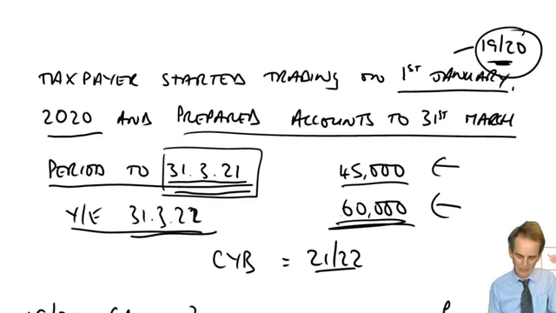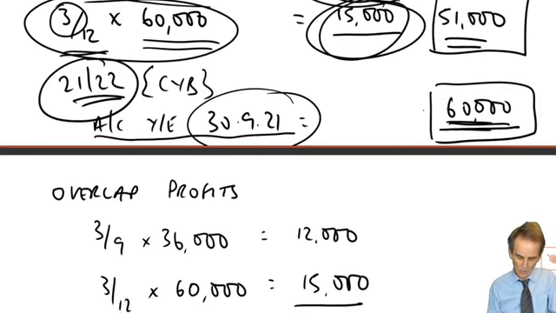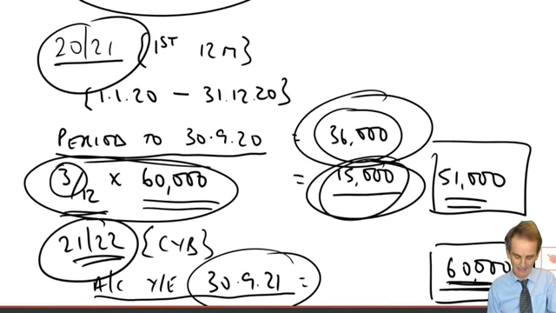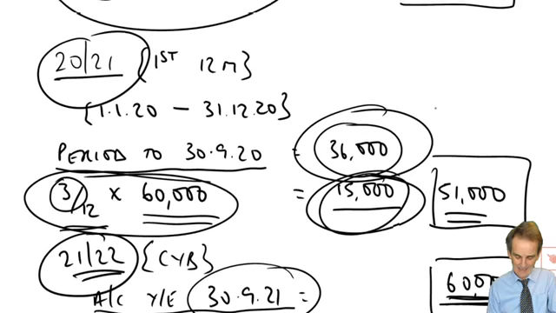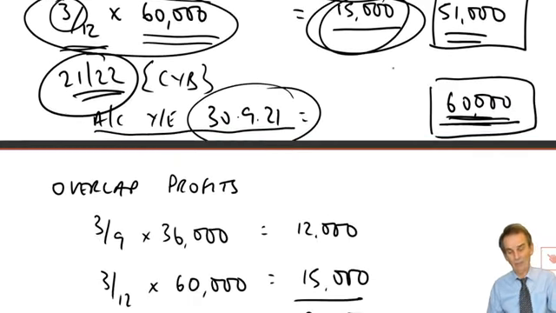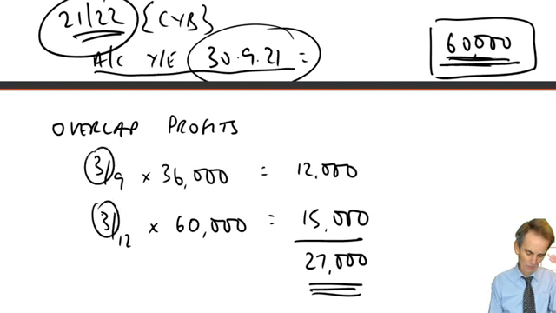And in our very first example, we chose 30th of September as our accounting date. From the 30th of September through to the end of the tax year, that's a 6-month gap. That, therefore, is 6 months worth of overlap.